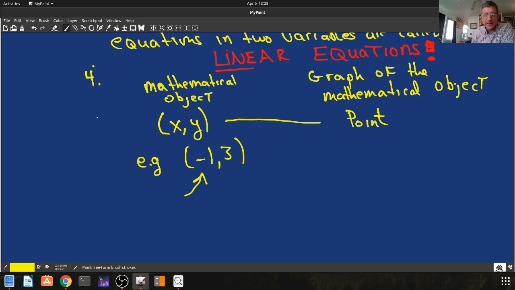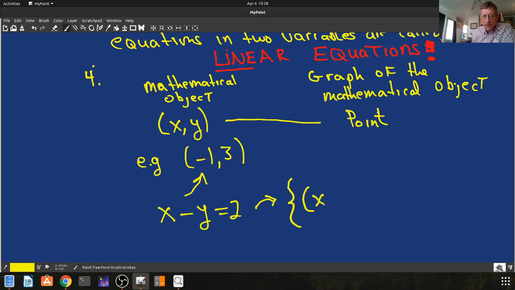So with this in mind, given a particular equation, x minus y is equal to 2, this is an equation in 2 variables. That's the mathematical object. It corresponds to another mathematical object, which is a set. It's called the solution set.